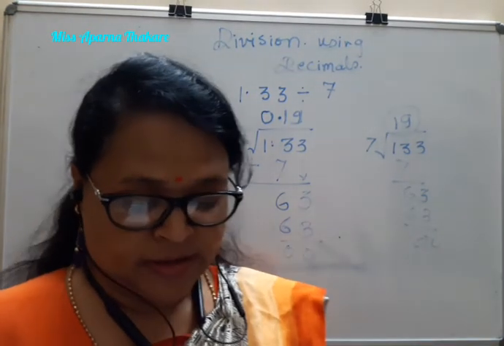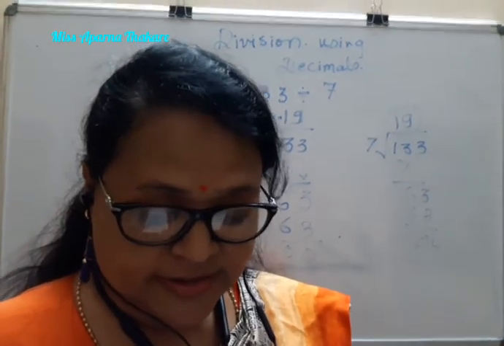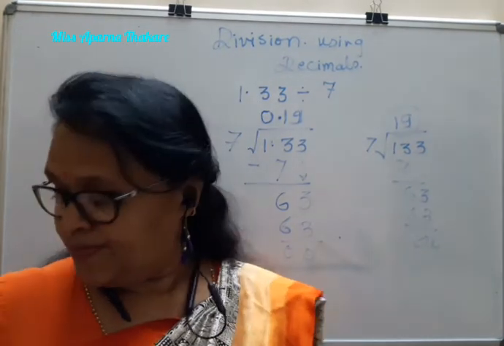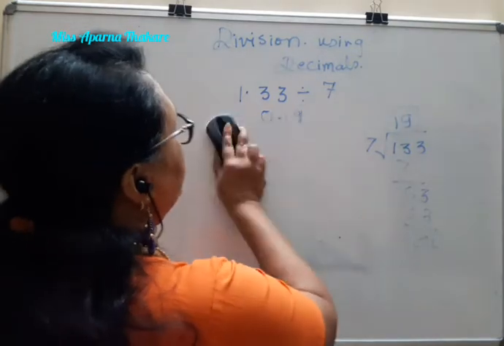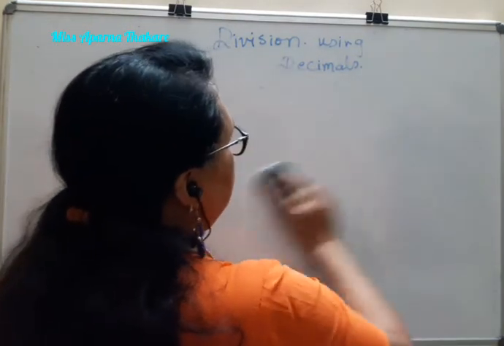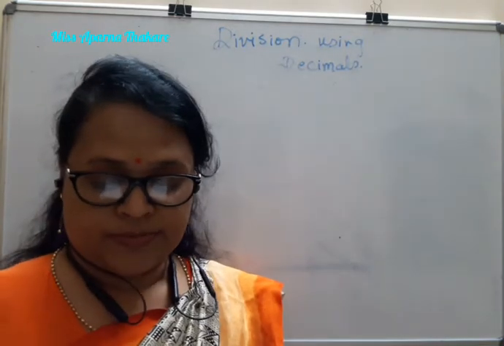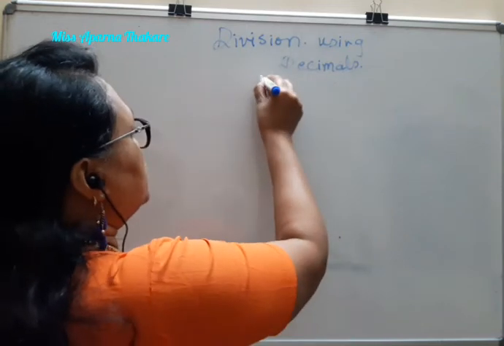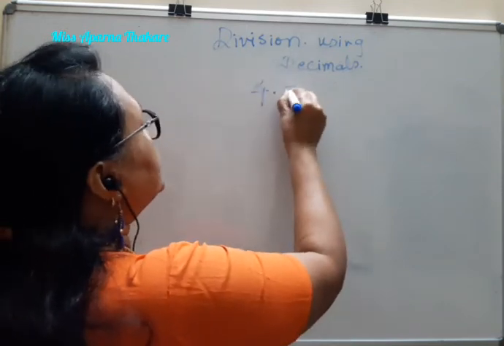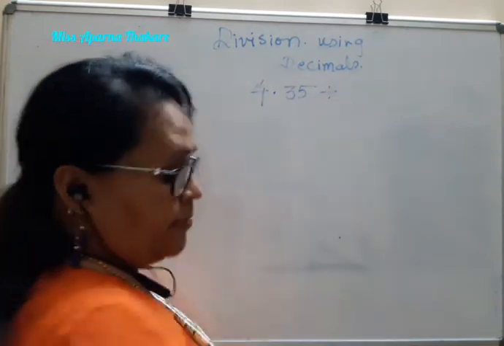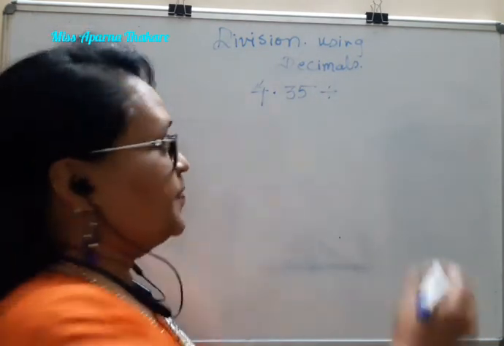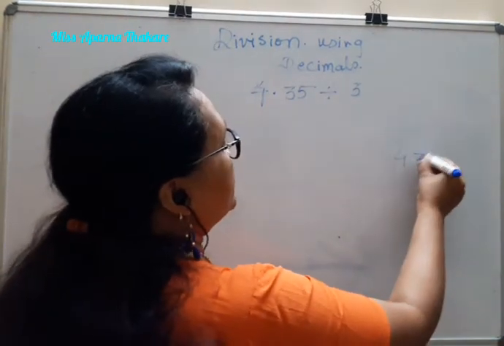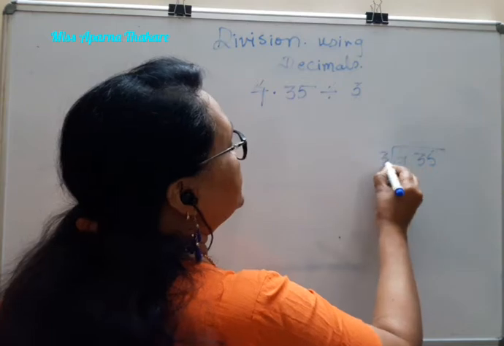Turn the page. Here the divisor is smaller than the dividend. The question is 4.35 divided by 3. First we can divide 435 by 3.